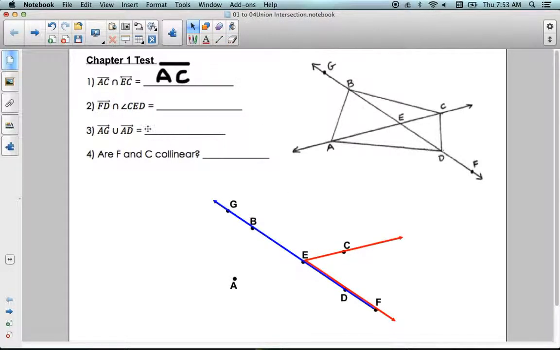So what we have here when we look at the intersection of the ray FD and the angle CED, remembering that CED is formed by the union of two rays, is the segment EF. Okay, EF. It's a segment.